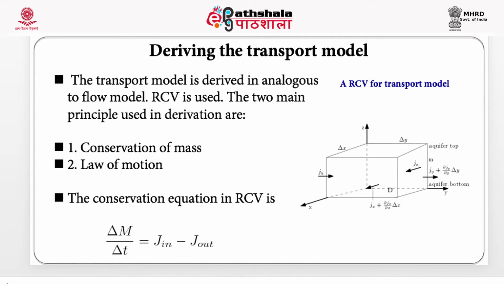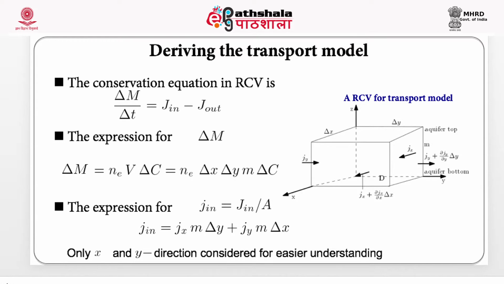So let's start now with the derivation. The conservation equation for the mass transport is that the change in mass over the time t in the model aquifer equals the mass flow rate at the inlet minus the mass flow rate at the outlet.